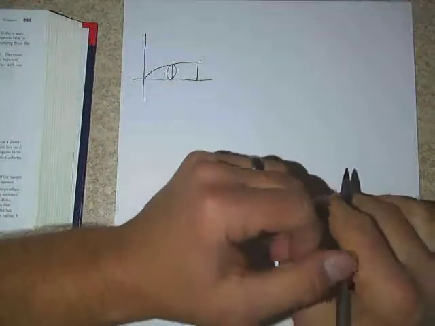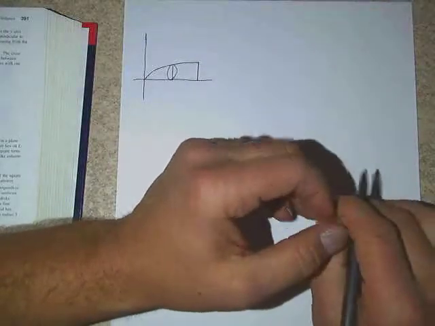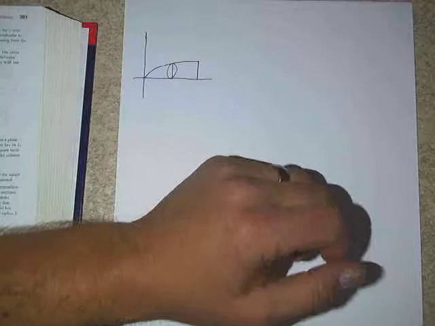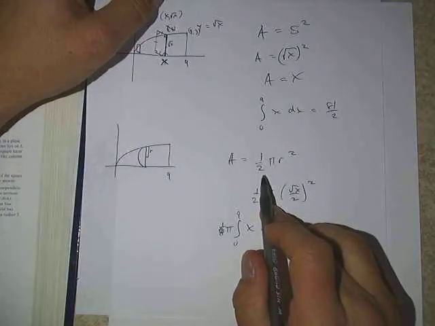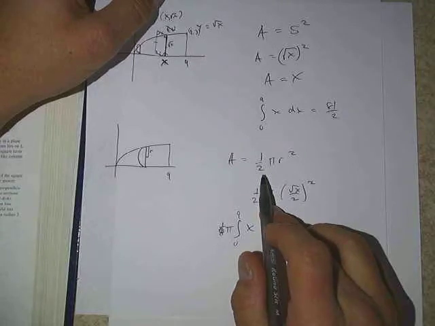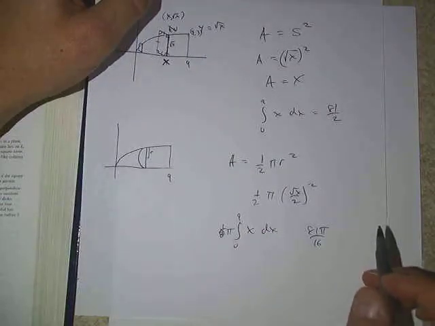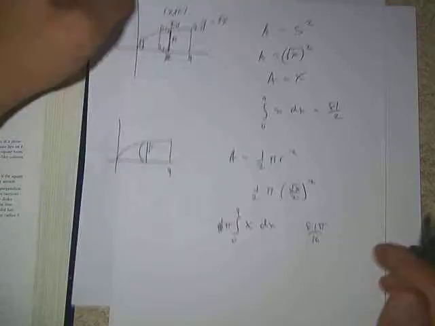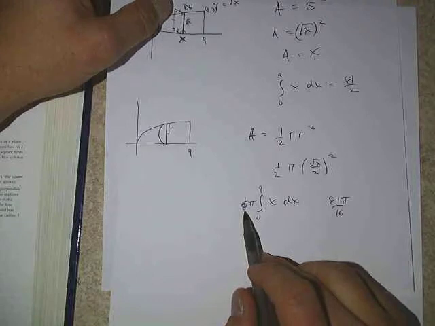So that's kind of the gist of it. We're going to do another couple here just so we can see a couple other shapes. How would that have changed, just for argument's sake, if we had said that that slice was a full circle? So not only came out of the paper, but it went into the paper. Ultimately, remember when we did this, our original area was a half pi r squared, right?